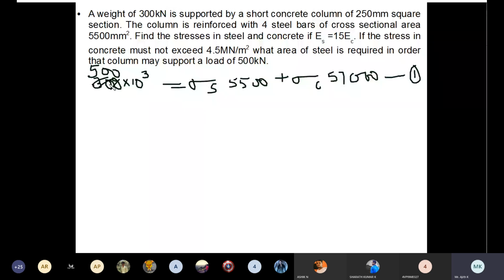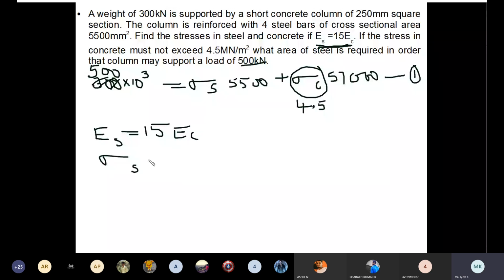And what are the other values you have to change? Stress in concrete is 4.5 Newton per mm square. So 4.5 you have to substitute. If sigma C is 4.5, what will be sigma S? I told you, using this expression, ES is equal to 15 times EC, which means that steel is capable of withstanding 15 times more stress compared to concrete.